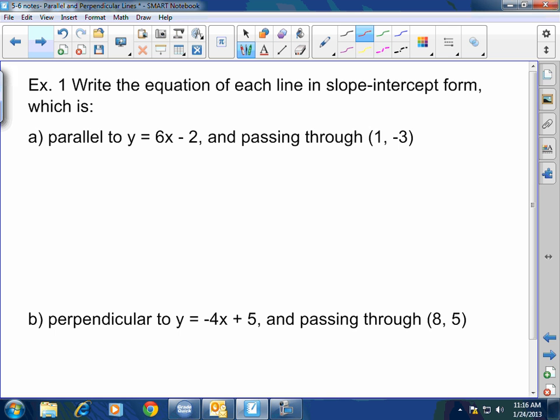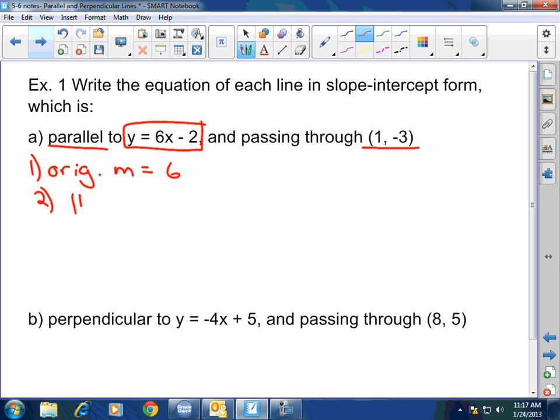For example, write the equation of each line in slope-intercept form, which is parallel to this equation, and this parallel line is going through this point. Okay? So step 1, what is the original slope? 6. Excellent. Step 2, what is the parallel slope? 6.